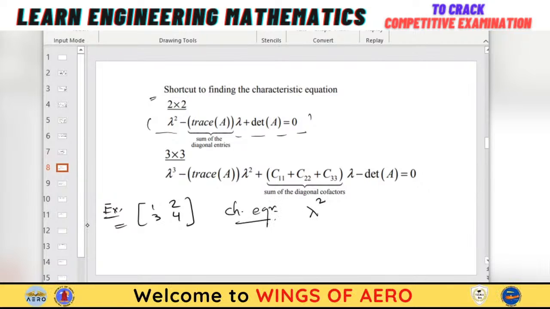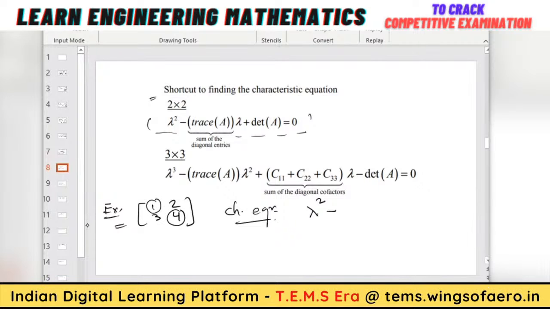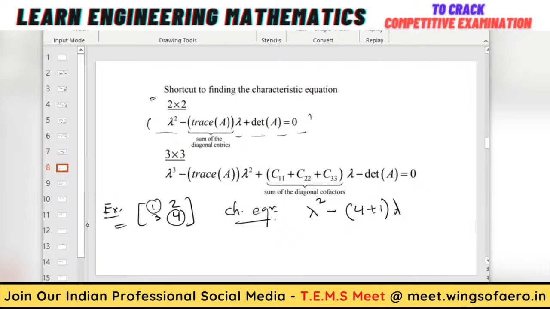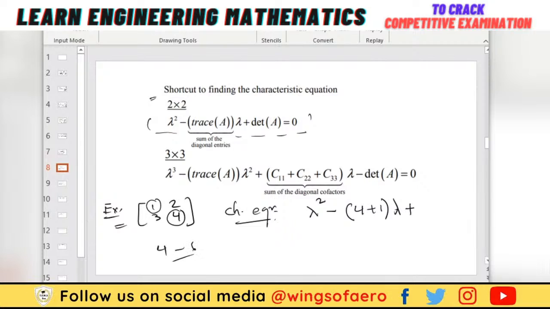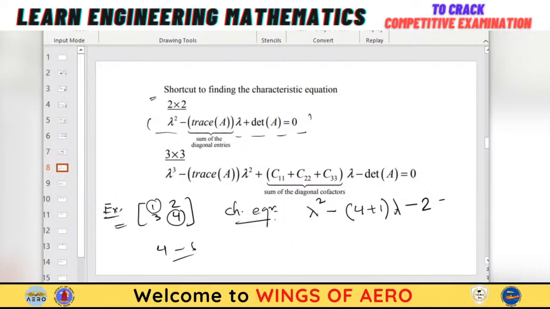lambda square minus trace of A. Trace A means summation of diagonal elements, that is 4 plus 1, lambda plus determinant of A. Determinant of A means 4 minus 6 is minus 2, is equal to 0.